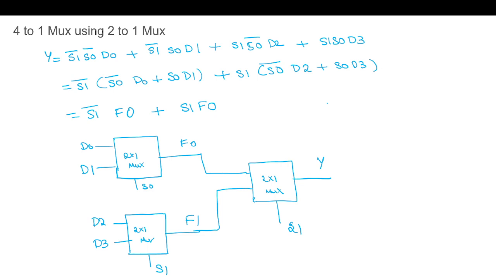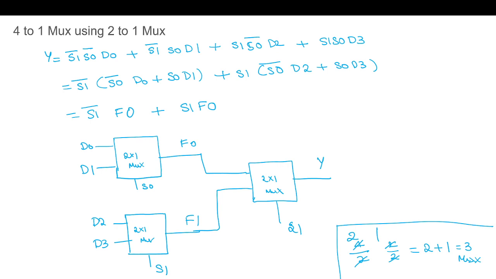Also the question is how many such multiplexers are required to generate a 4 to 1 using 2 to 1. For the four inputs, we need 2 multiplexers, then next for the two outputs, we need one more multiplexer. So the first stage has 2, the second stage has 1, so a total of 3 muxes. In this way you can calculate the number of multiplexers required.